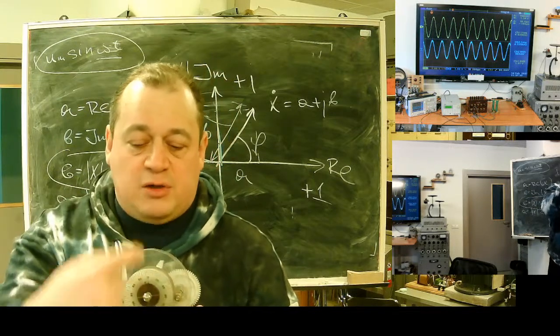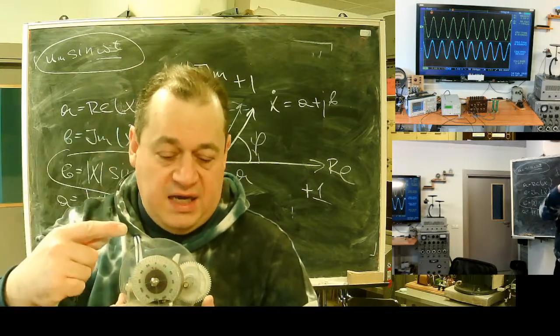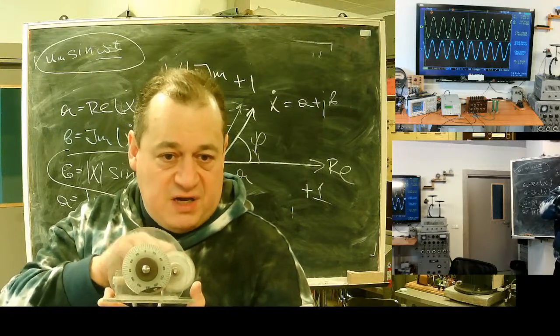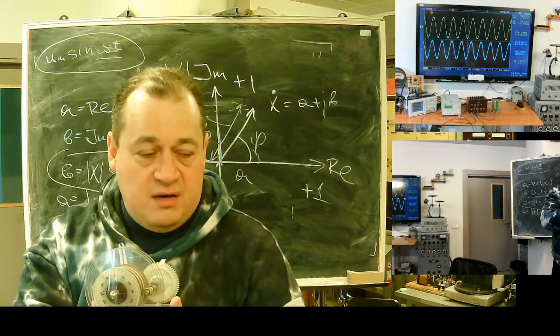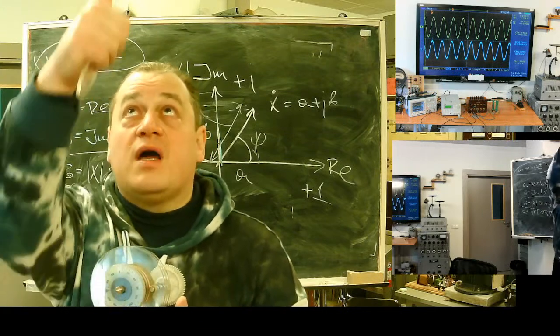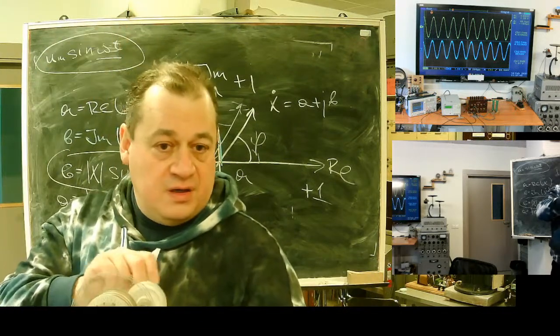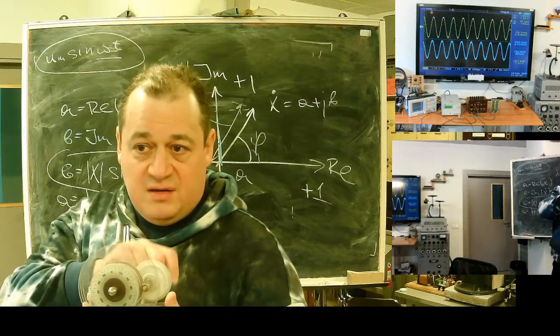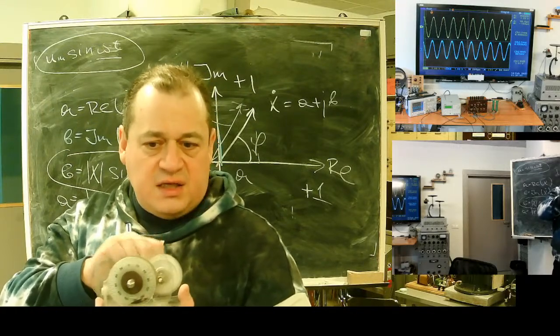So it's a vector of voltage, and real voltage can be assumed as a projection of this vector to the imaginary axis going up. Have you heard something like this? It's a theory of vector techniques.